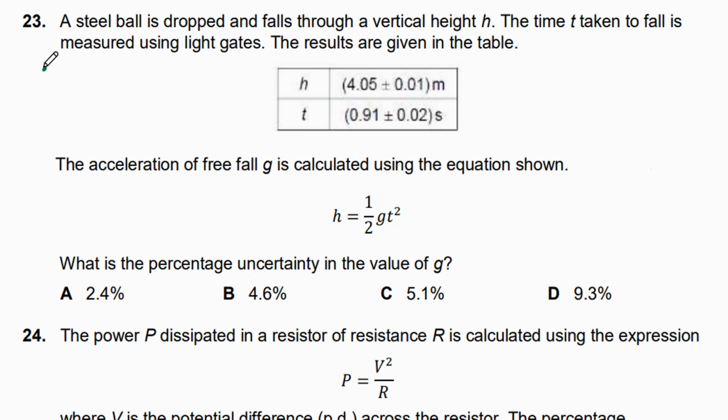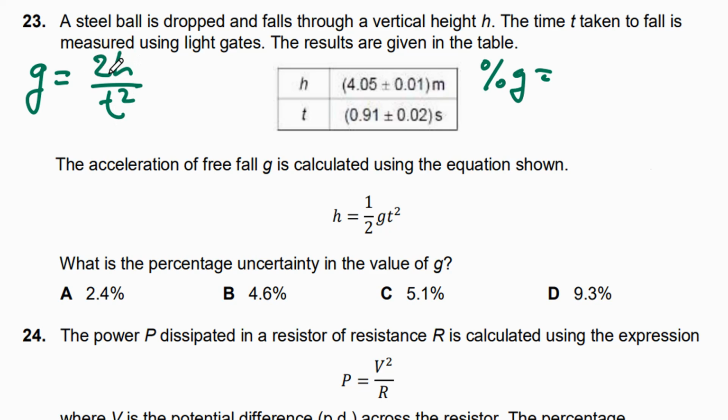We can start by making G the subject of the formula here. So it's going to be 2H over T squared. We want the percentage uncertainty in G, and it's going to be the percentage uncertainty in H plus the percentage uncertainty in T. Remember that when we multiply or divide quantities, we add the percentage uncertainties.